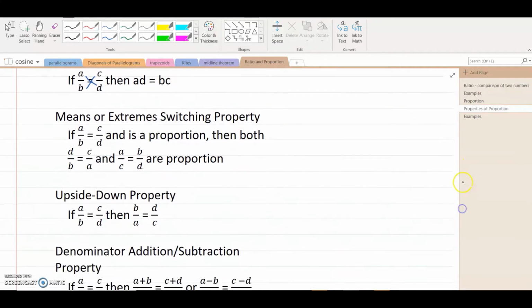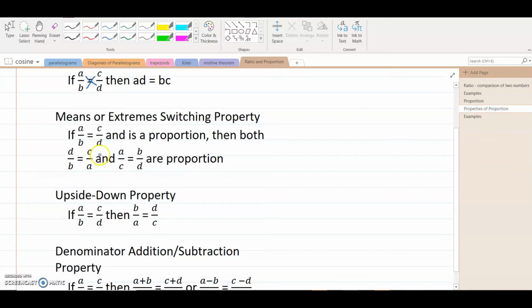Next, we have the means or extremes switching property. If A over B equals C over D is a proportion, then both D over B equals C over A and A over C equals B over D are proportions.